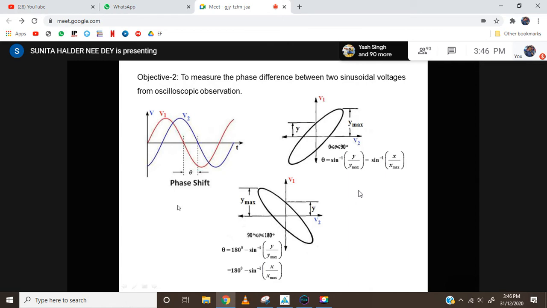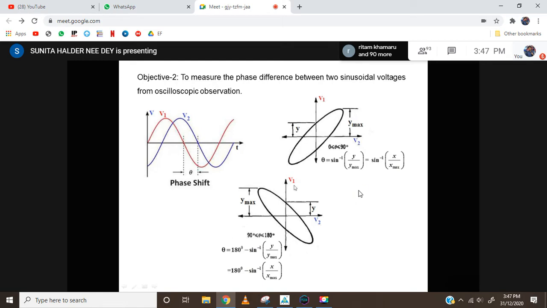So in this way, we can measure the phase shift between any two voltages. Here, the phase difference theta means V1 is leading V2 by angle theta. Here also, V1 is leading V2 by 180 minus sine inverse of x by x max. It always gives the angle of the vertical axis signal with respect to the horizontal axis.